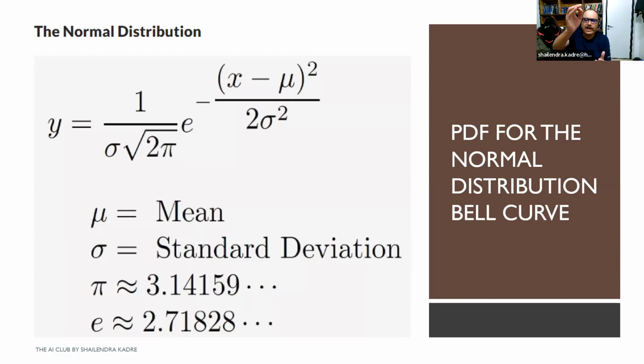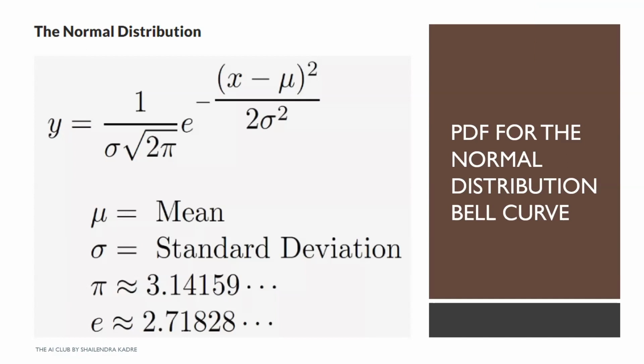Suppose x is nothing but your age, and x varies from 2 to 10. For a given x, if I know the value of mu and sigma, can't I plot the distribution and get the probability curve? Yes or no?